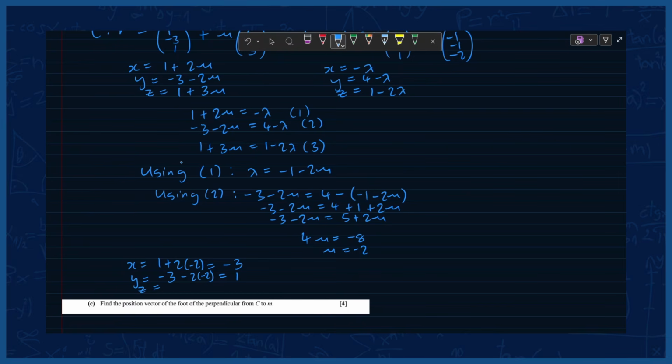And my z is going to be 1 plus 3 times -2, which is -6 plus 1, so -5. And so my point of intersection has the position vector (-3, 1, -5). And that's our final answer for B.